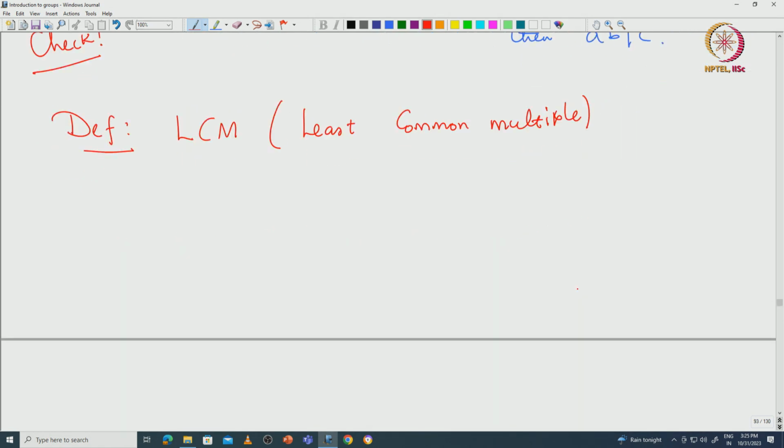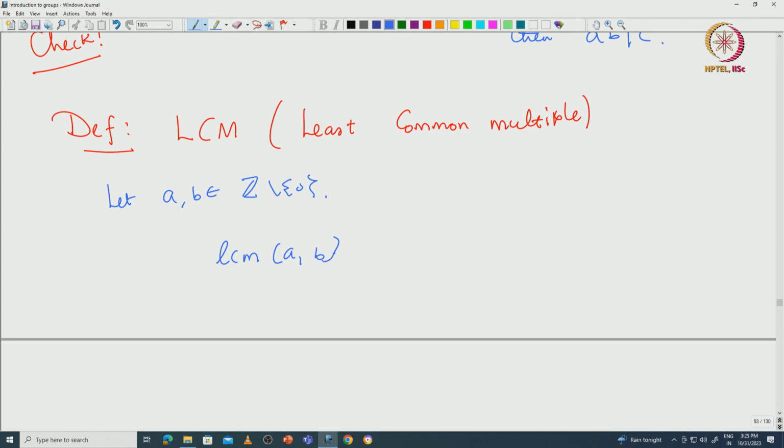Okay. What is it? So, again start with two non-zero integers. So, let A, B both be non-zero integers. We are going to talk about common multiples of A, B. So, better A, B be non-zero. So, then the least common multiple, which is denoted by LCM of A comma B.